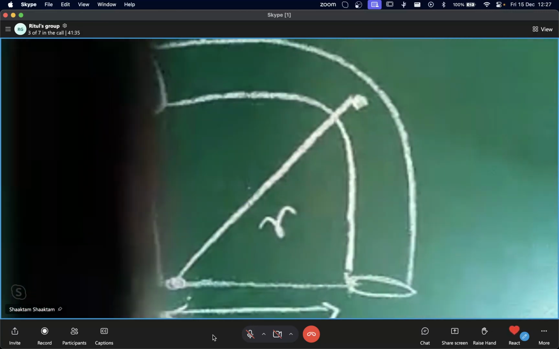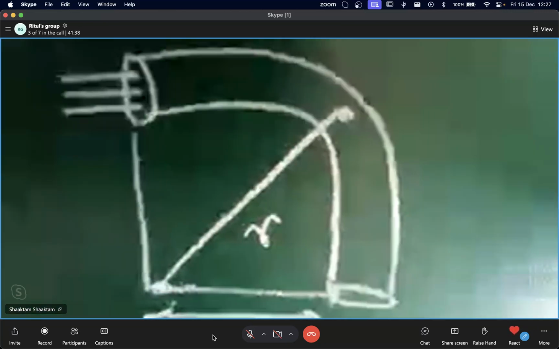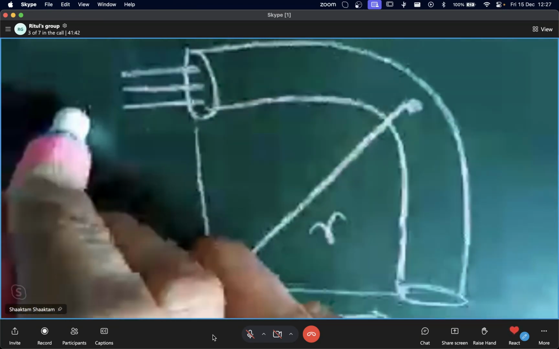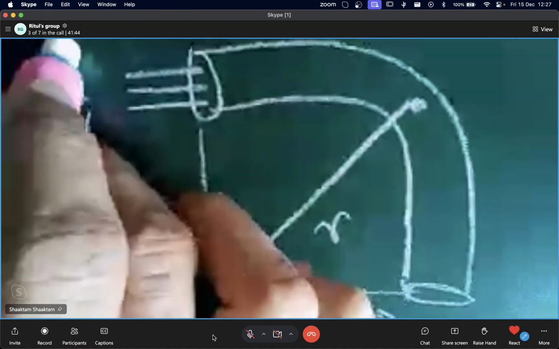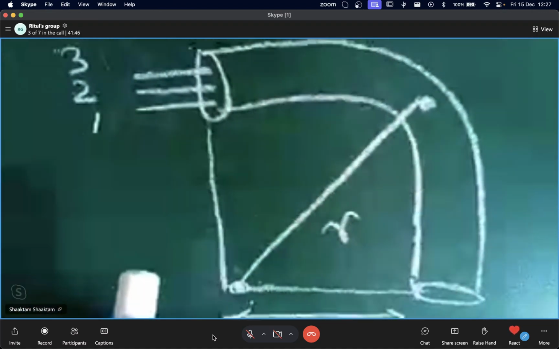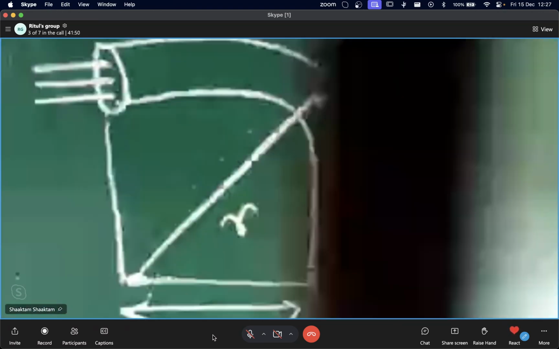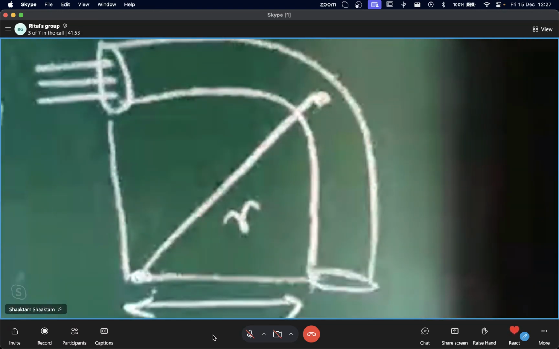Question number one is asked for you to answer. If 1, 2, 3 is what I'm marking as the levels, 1, 2, 3 enters. Will 1, 2, 3 come out at the same time or will there be some time differential?